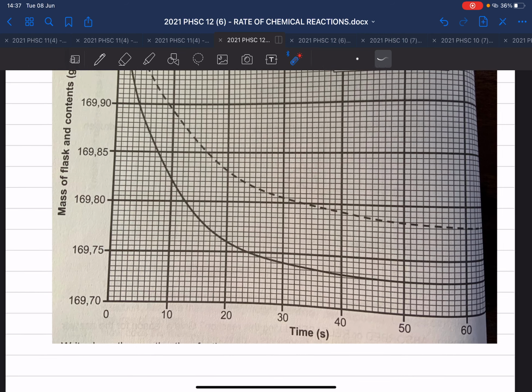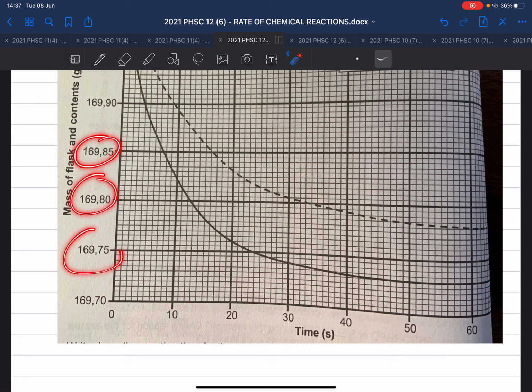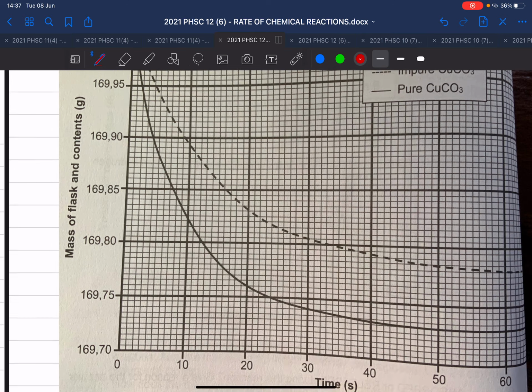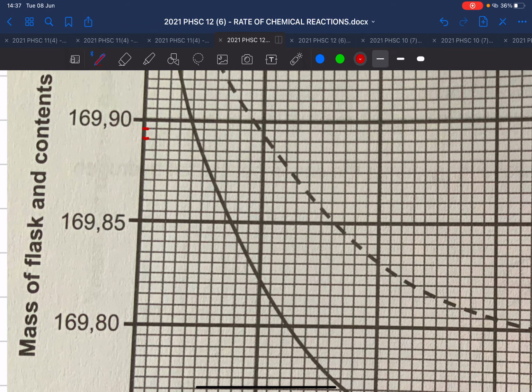Then the next thing here is, because this is quite weird divisions or different or whatever, we want to make sure that we have the correct readings. Okay, now I'm going to zoom in here. You can see there's 10 lines in between. Okay, so there's 10 lines, and then you can see from here until here how much has changed.